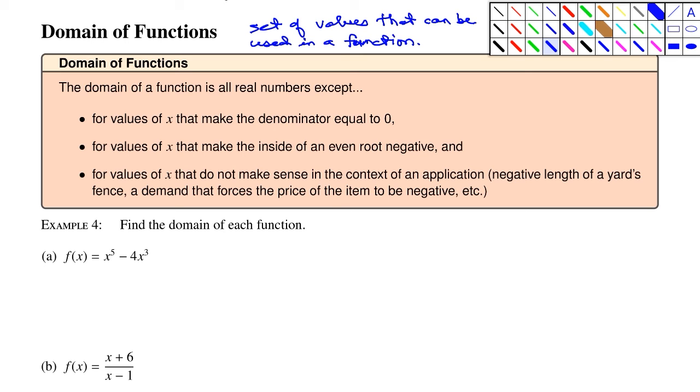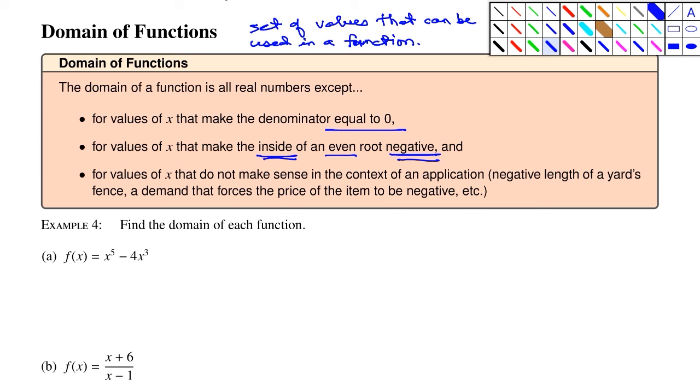And it says the domain of a function is the set of all real numbers, except if you have a denominator, you can't have any values of x that make that denominator equal to 0. If you have some kind of square root, fourth root, sixth root, any root that has an even index, 2, 4, 6, 8, etc., then the inside cannot be negative, right?